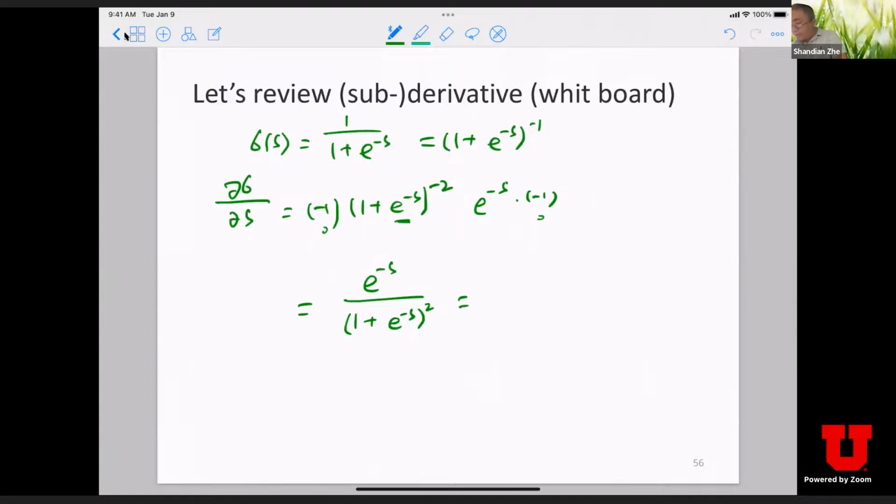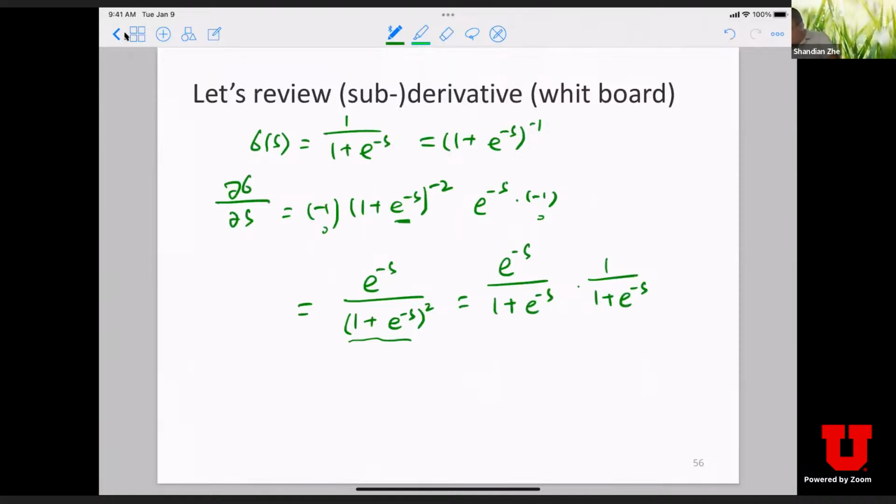But if you make a smart observation, there's a very interesting result. We can write out this square. This essentially equals e to the minus s over 1 plus e to the minus s, times 1 over 1 plus e to the minus s. I just write 1 plus e to the minus s squared as 1 plus e to the minus s multiplied by itself.